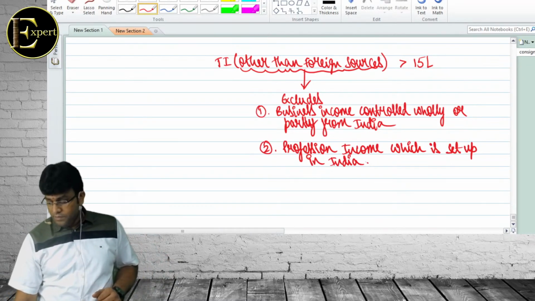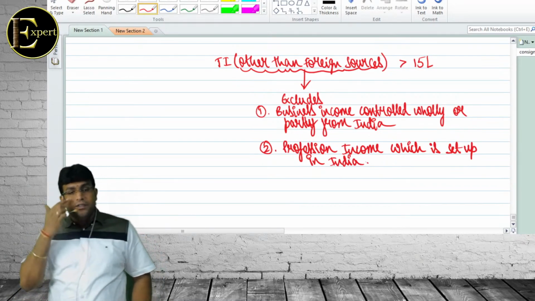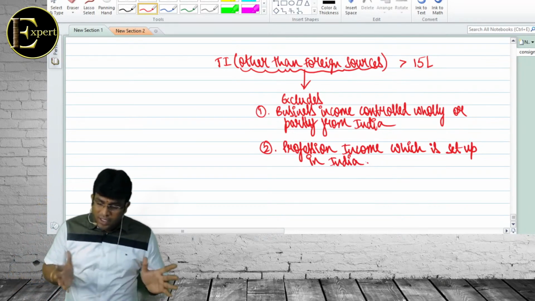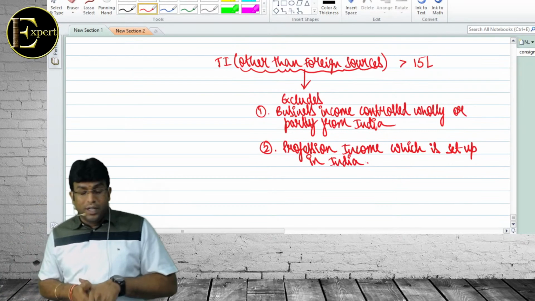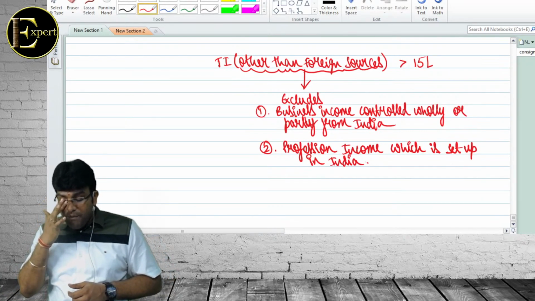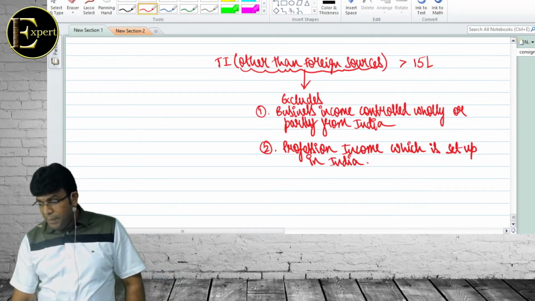Number 2, profession income, which is set up in India. That's it. Are we clear with this 2 point? Everybody, my dear friends, लिख लो बेटा. Total income other than foreign source is more than 15 lakh. And that foreign source excludes business income controlled wholly or partly from India, profession income, which is set up in India.